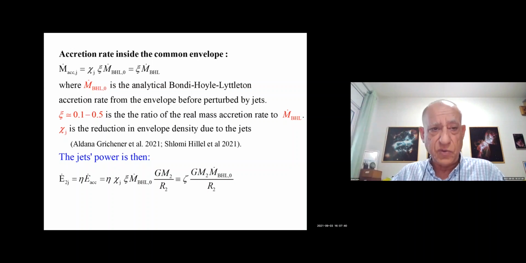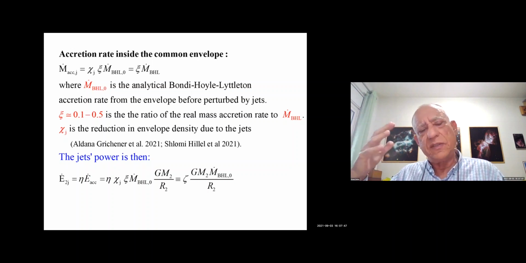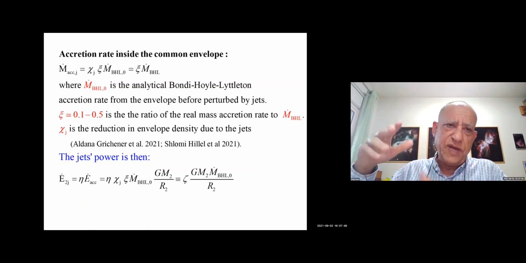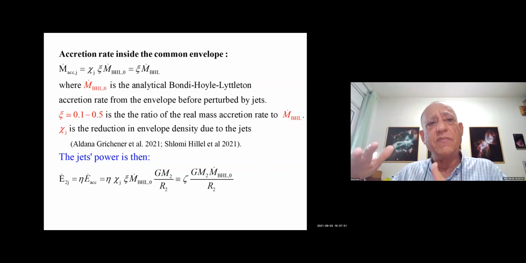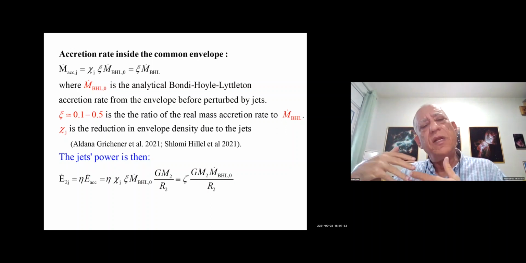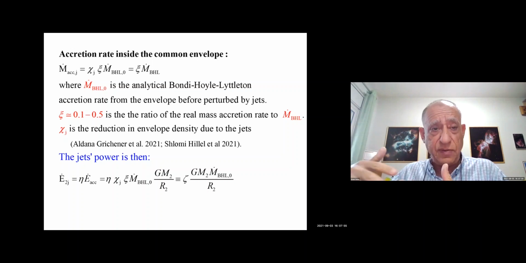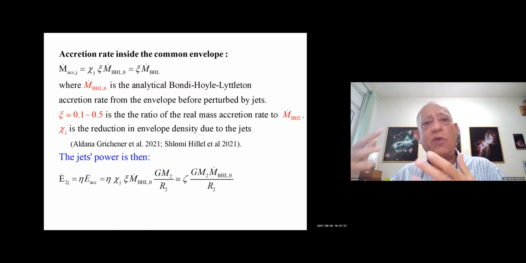Now there are two factors. Xi stands for the decrease in the accretion rate because of the pressure gradient and the density gradient that comes with it and so on. It leads to a lower mass accretion rate than the typical or analytical Bondi-Hoyle-Littleton.